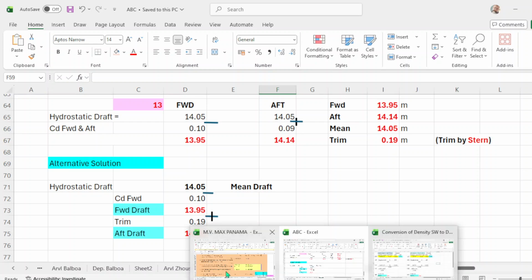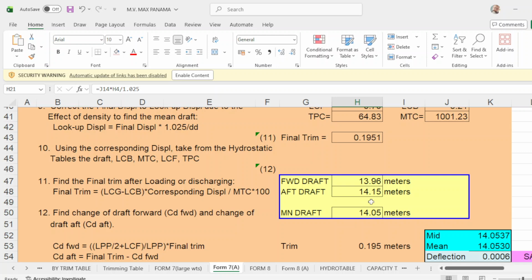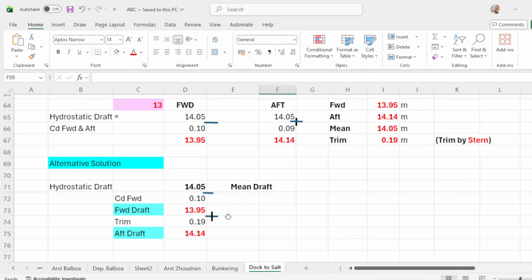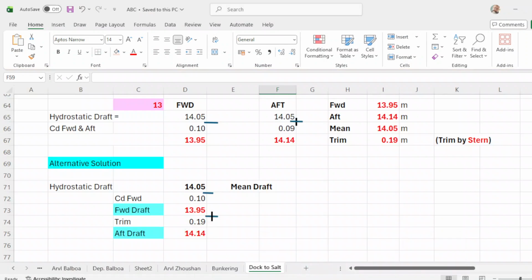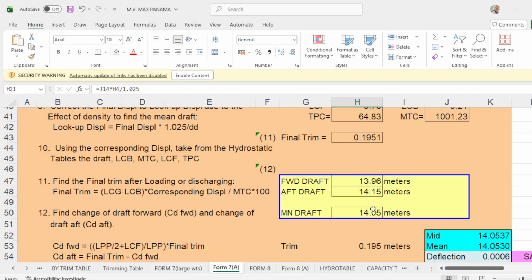The program is 1415, but the main drop is the same, 1405. Okay, main drop is 1405, and your trim is 0.19.